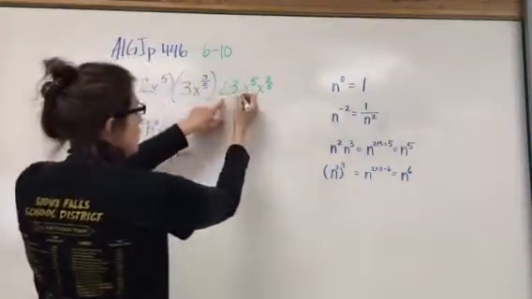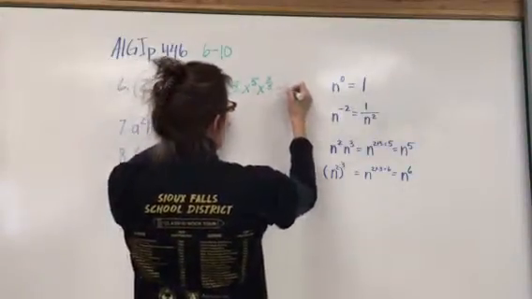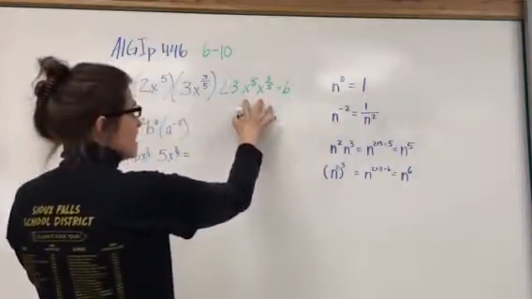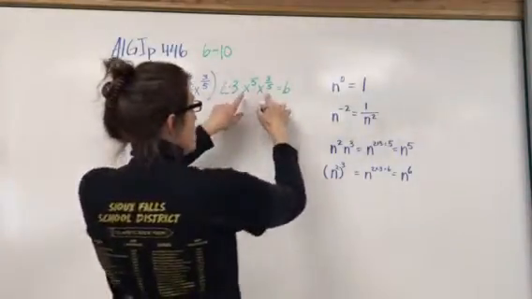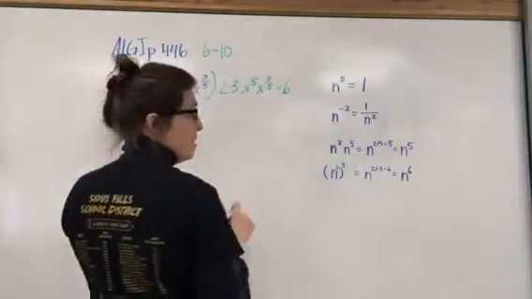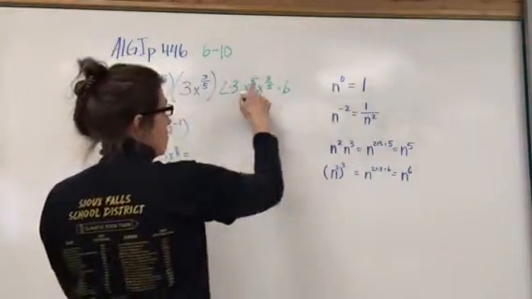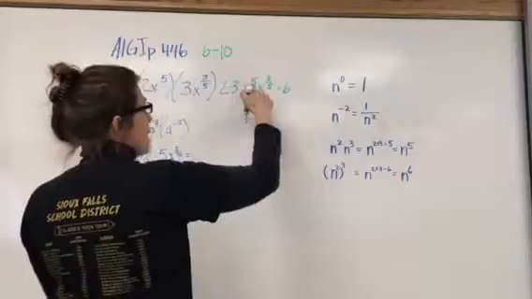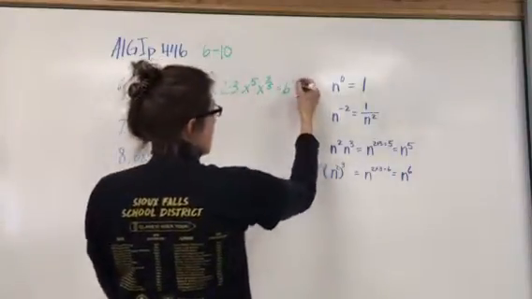With that, 2 times 3 is going to be 6. But when you have the x's, you want to add the exponents. Well, to add a 5, you need to change it to a mixed numeral.